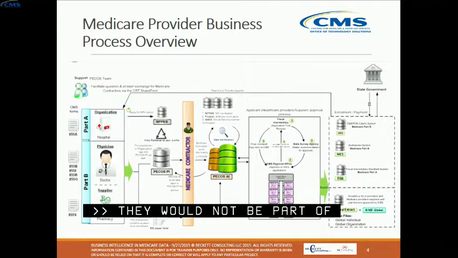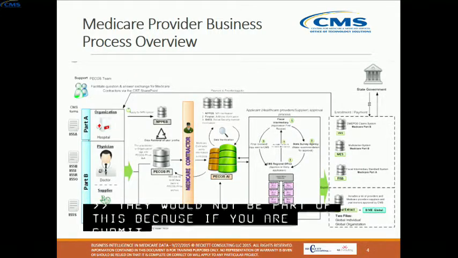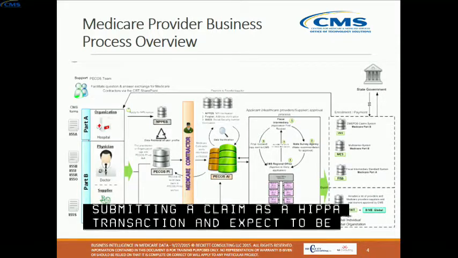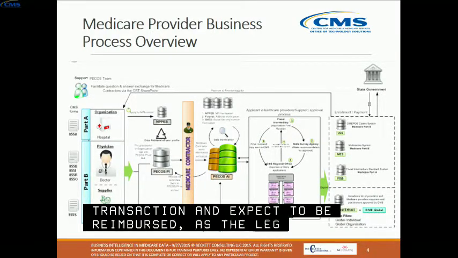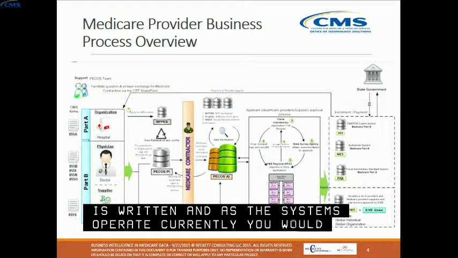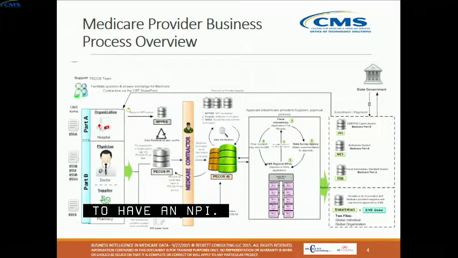expect to be reimbursed, then as the legislation is written and as the systems operate currently, you would have to have an NPI. Now, again, we said previously that there are a few that don't have NPIs and yet are in a special category.